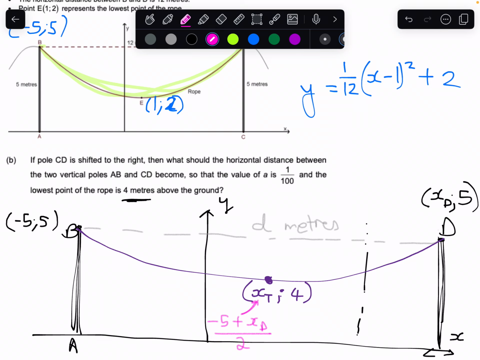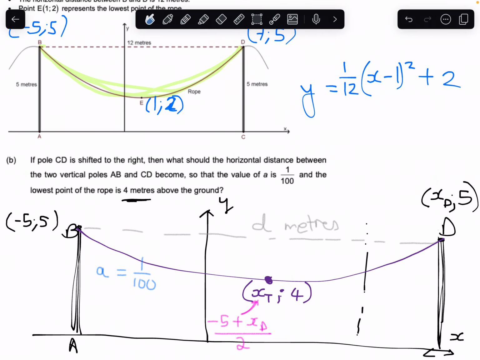That's what the x-coordinate of the turning point will be. And as a sidebar, the new a needs to be 1 over 100.